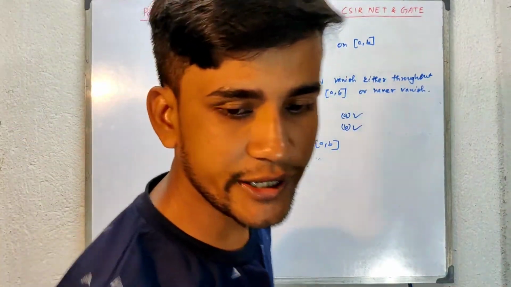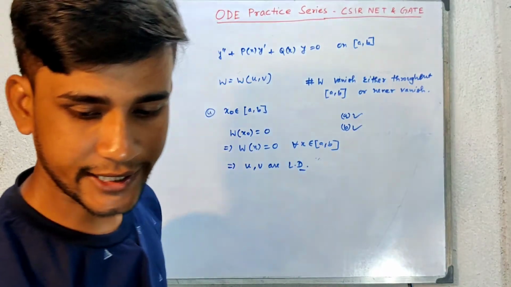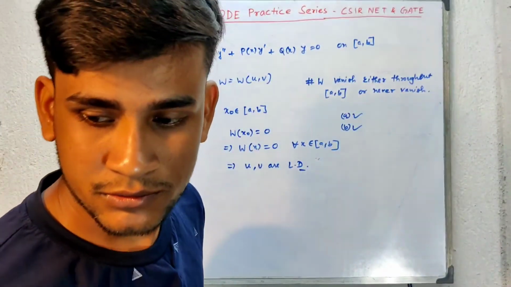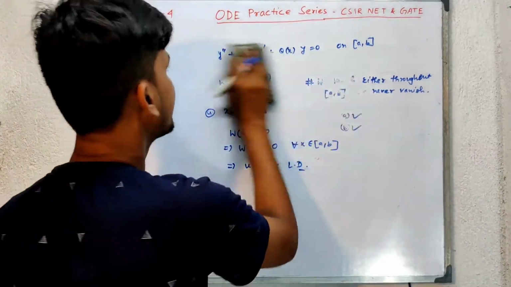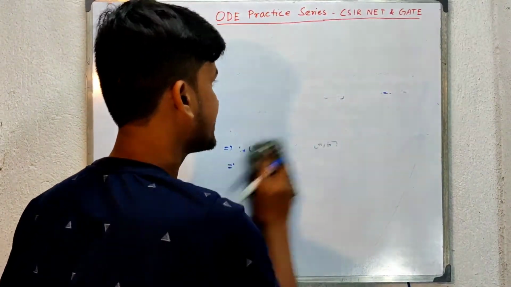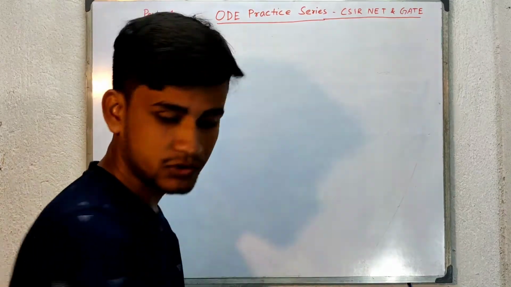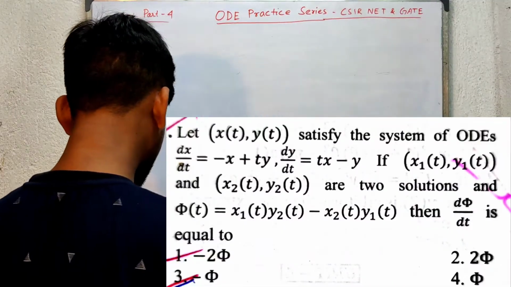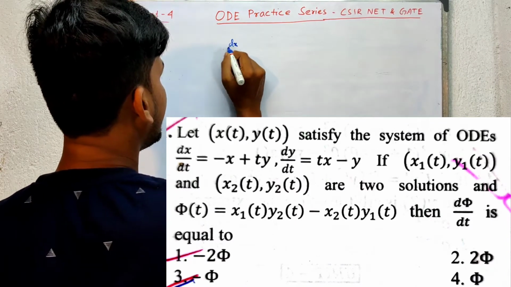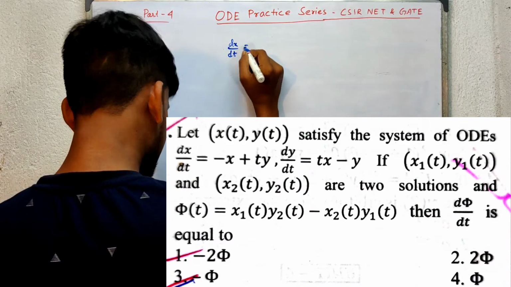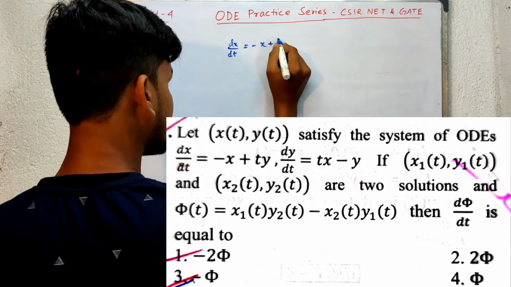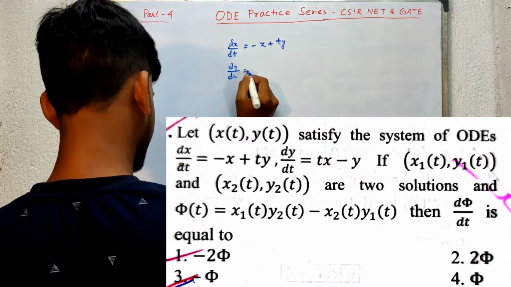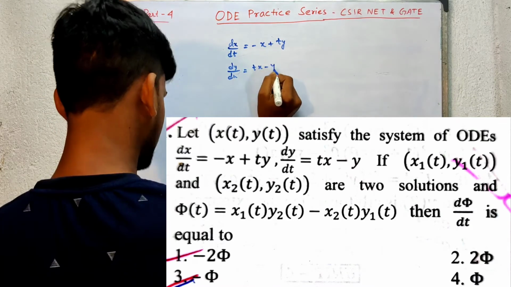Now go to the next question. The next question is question number 26. Question 26 says: let x(t) and y(t) satisfy the ordinary differential equation dx/dt equal to minus x plus t y, and dy/dt equal to t x minus y.